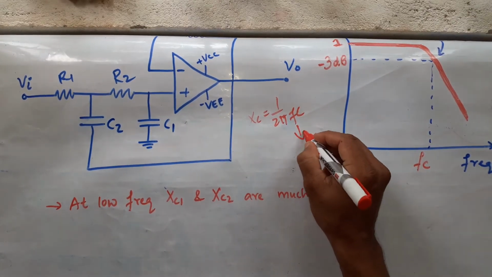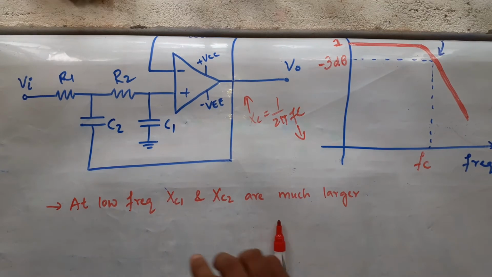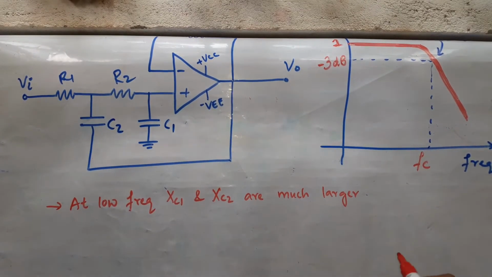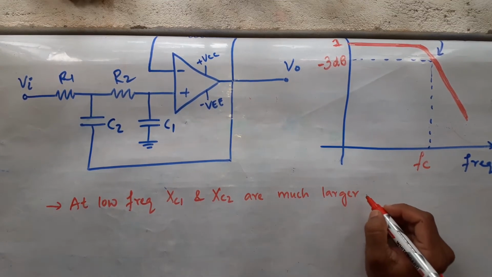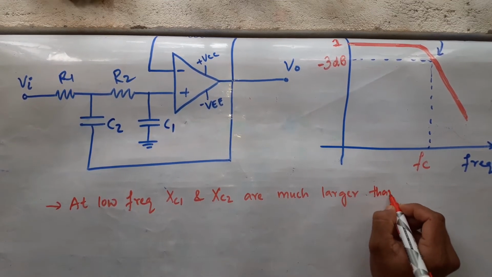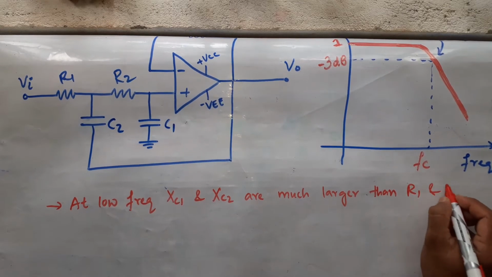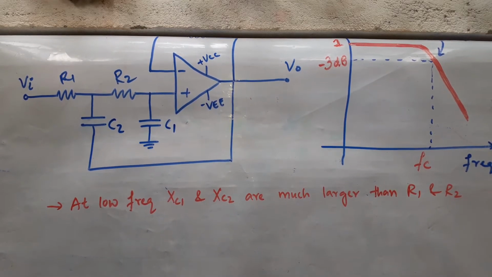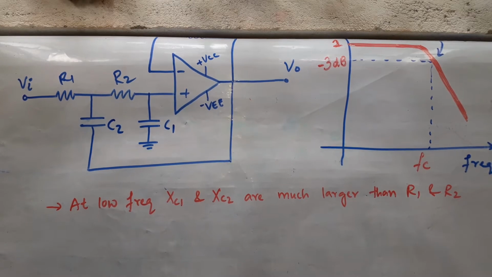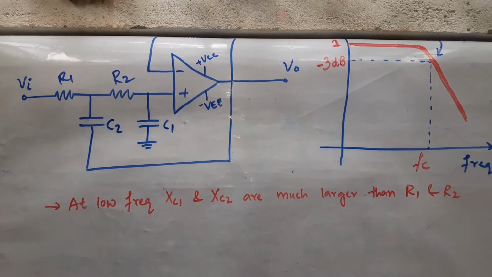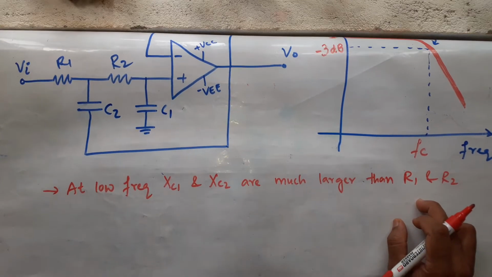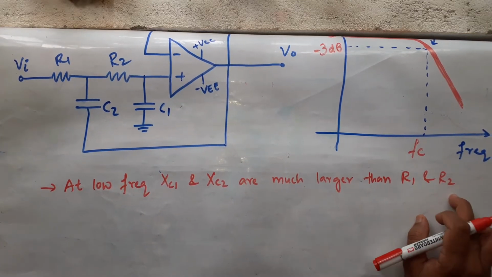When frequency is less, Xc is going to be very high. So with this concept, I am writing this statement: Xc1 and Xc2 are much larger than R1 and R2. Yesterday in our first order low pass filter class, I showed you with the equations the relation between Xc and R1 and R2. You can refer to my previous class for this.